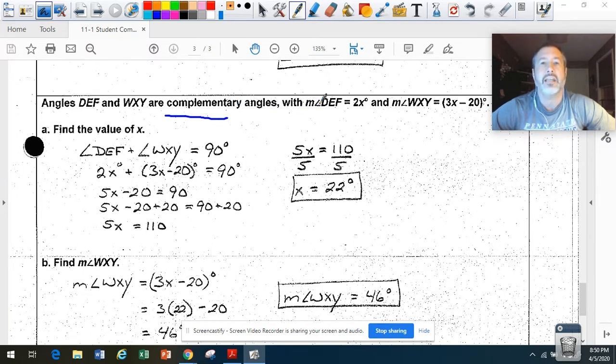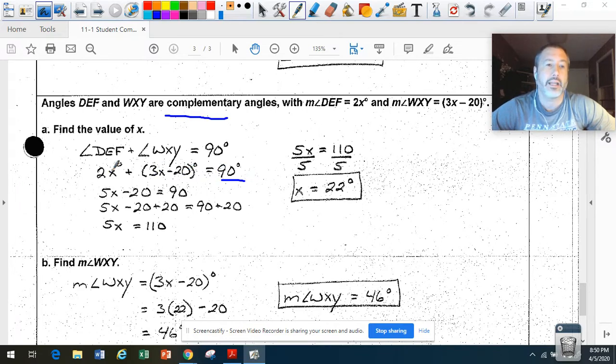With the measurement of angle DEF equals 2x and the measurement of angle WXY equals 3x minus 20. They want us to find the value of x. I know that DEF is 2x, and I know that angle WXY is 3x minus 20. That equals our 90 degrees.